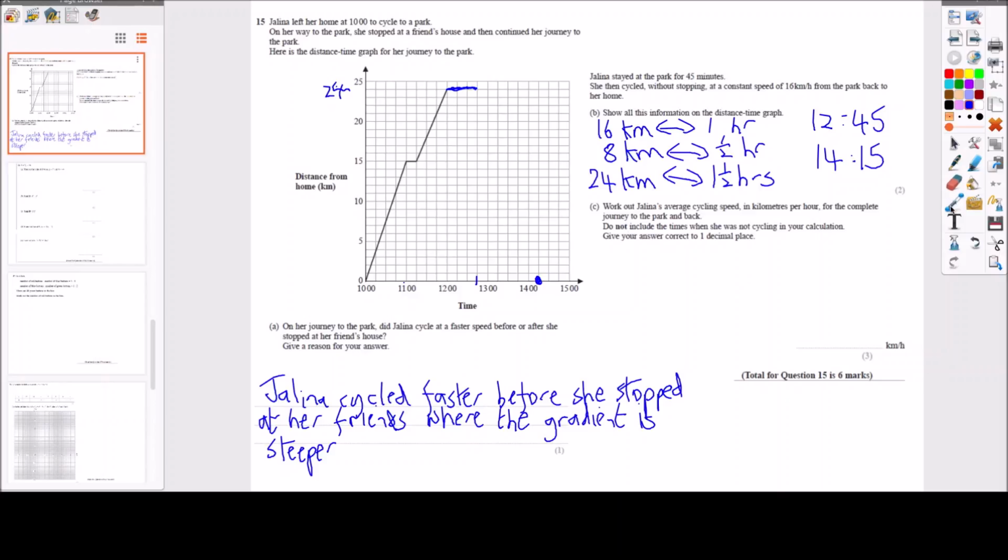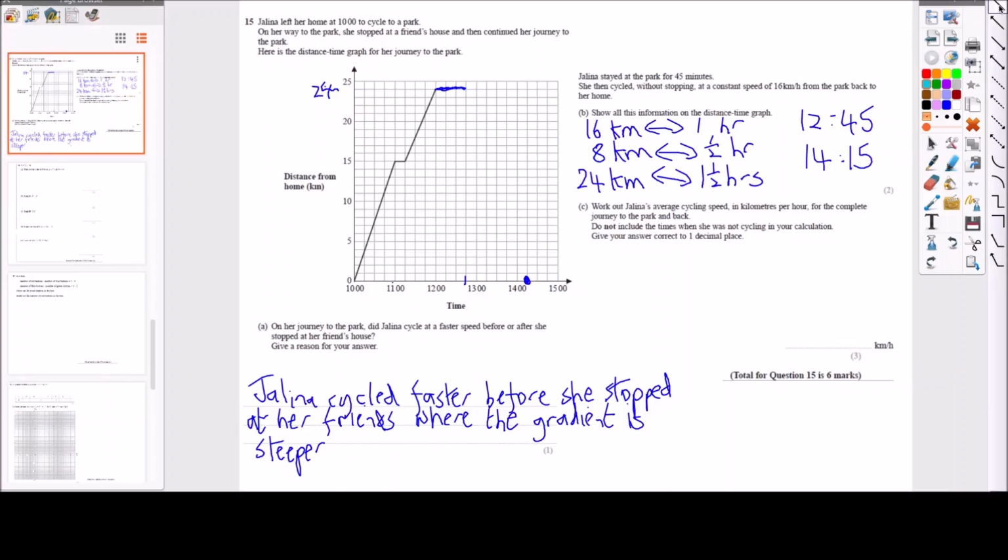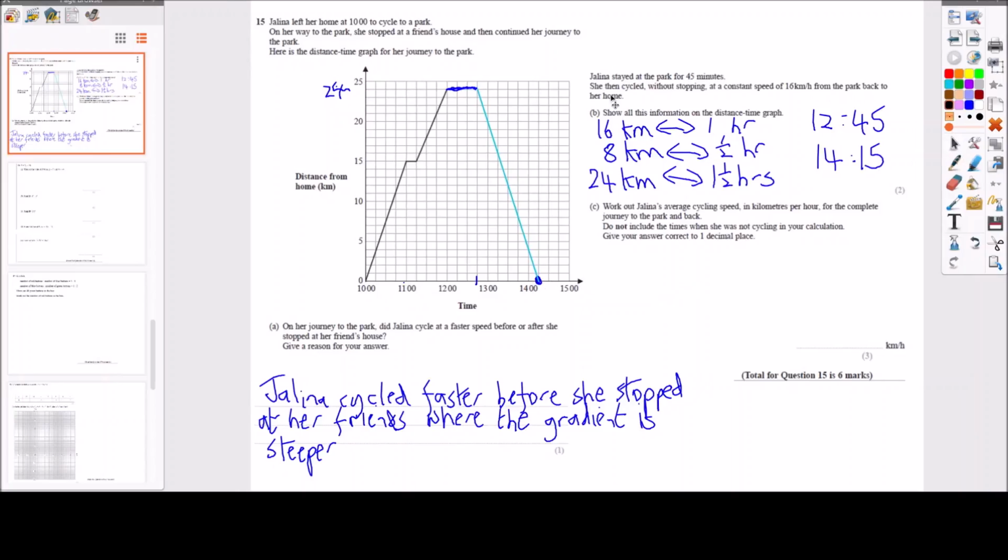So she travels at a constant speed, so we need to put in a straight line going from when she started going home, which is there, to when she got home at 14:15. That bit should have been done with a ruler. So 3 squares while she stayed at the park for 45 minutes, and then that's the distance home, taking an hour and a half.